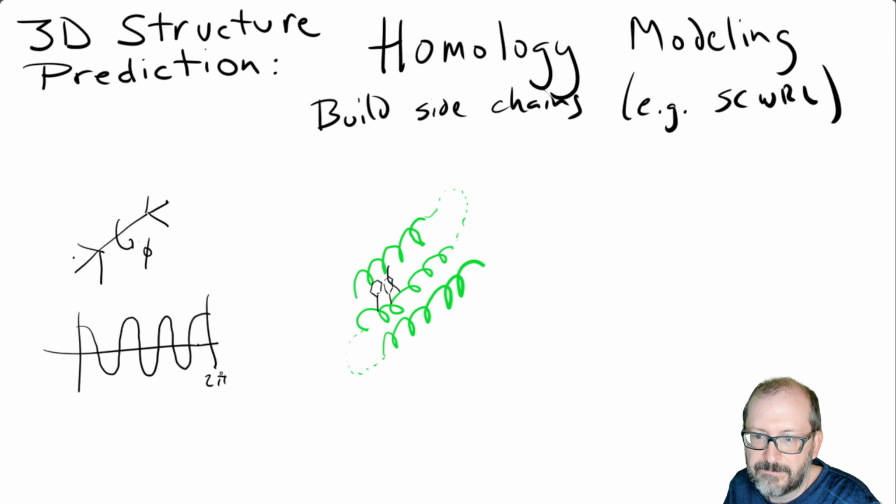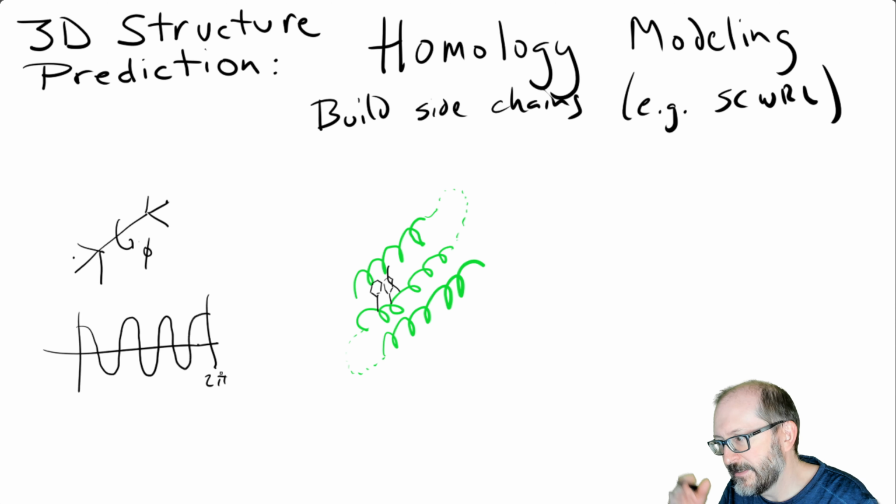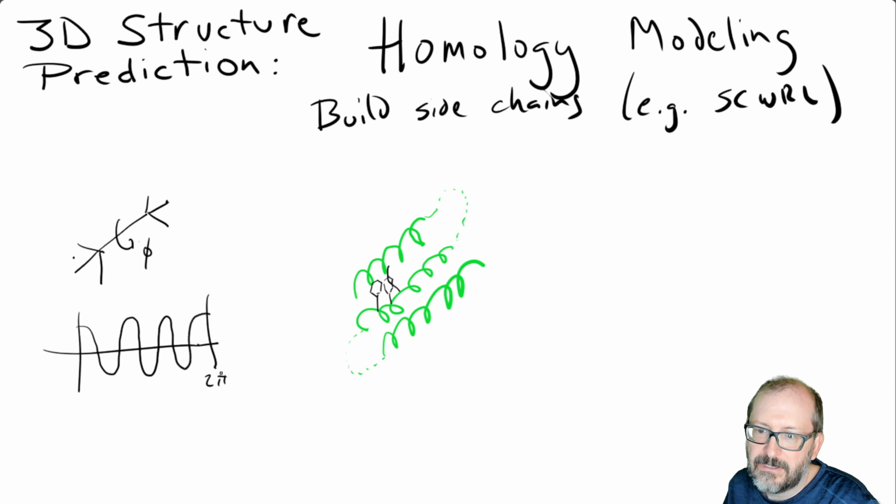The number of rotameric states and their phase offset are different in principle for every bond in your protein. But of course, you can just make a determination based on the atom types and how they're connected what sort of rotameric states exist, and then you explore these. And since they are integer numbered, it's really not all that expensive to do.